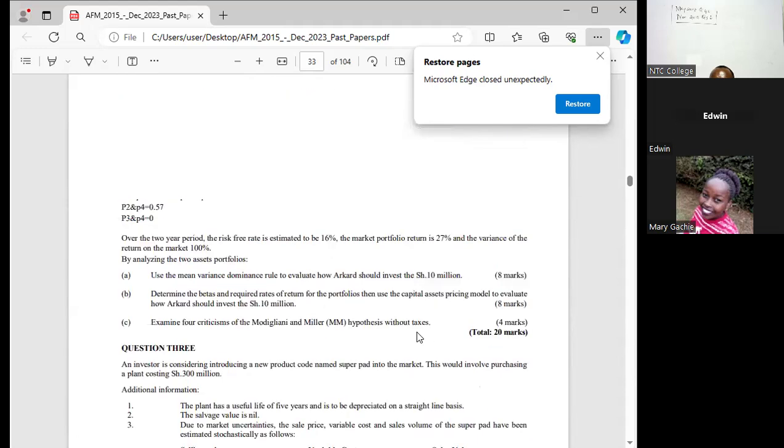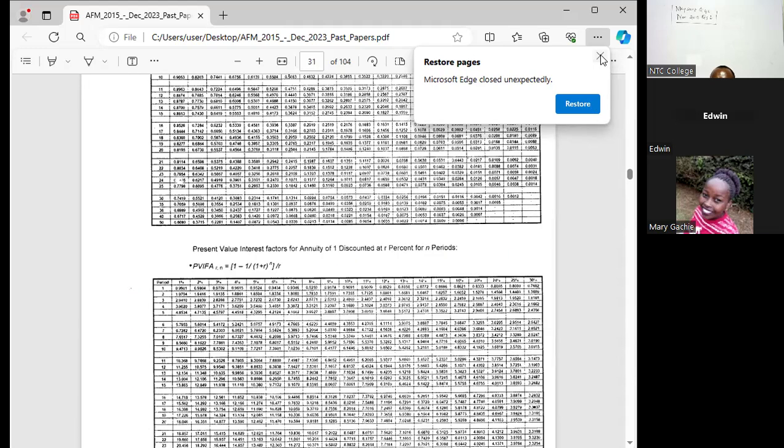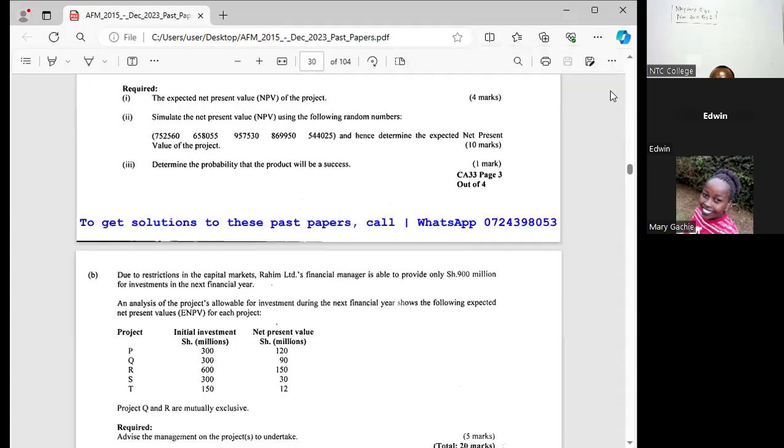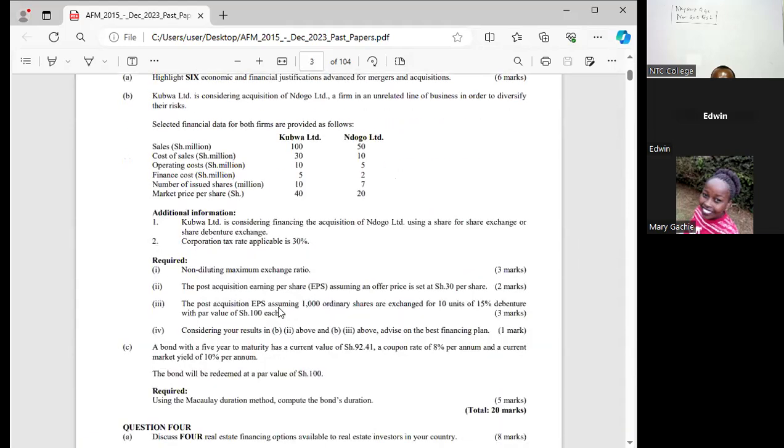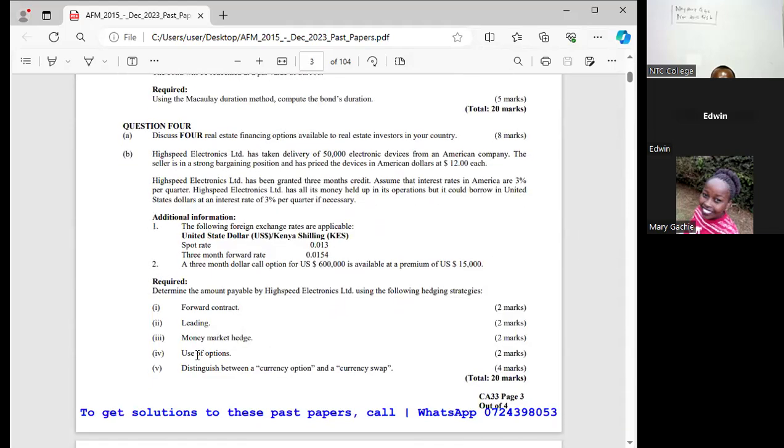Let me check the last sitting. Was this one? You have seen this: leading forward contract, use of options, currency option and swap options.